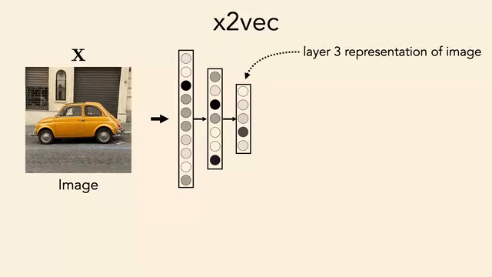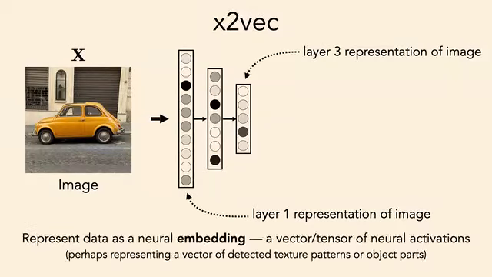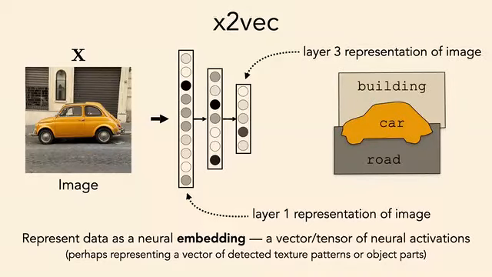That's the representation at layer 3, and we can talk about other layers too. The representations will be a vector or tensor of neural activations. In this example, they might be representing that there's a car, or a ground, or a building, a road. So we're going to try to see how representations might map onto these semantic representations that we think about in our head.